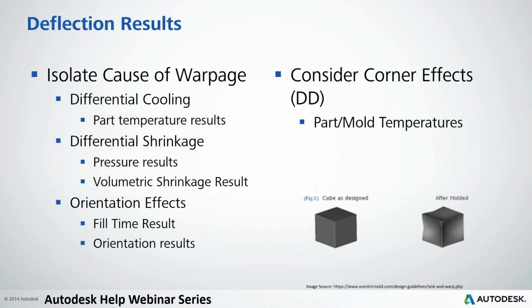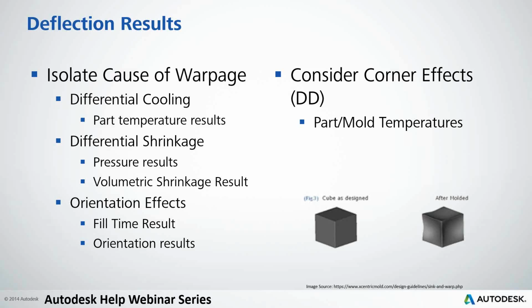And I know Beth had mentioned briefly the isolate cause of warpage setting. However, once you do get the actual results behind it, you essentially get 3 different plots behind it. The first is the differential cooling, and for this, you can essentially utilize additional result plots to further investigate this.